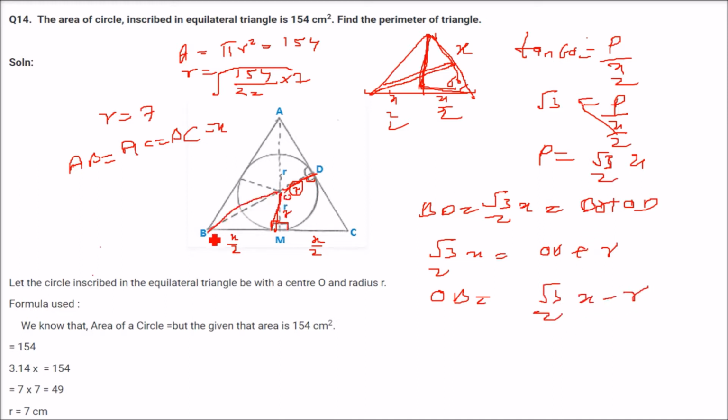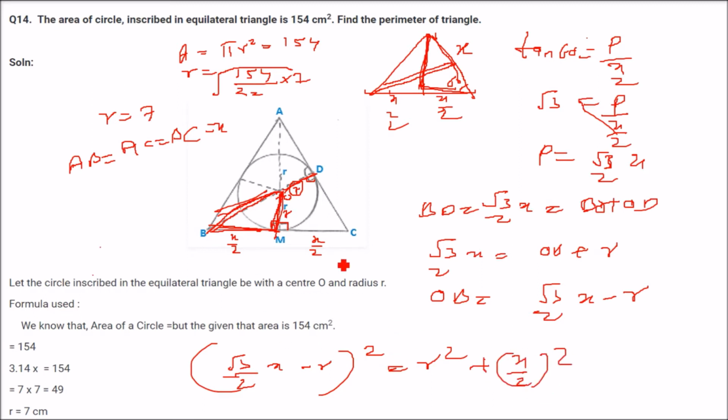Now we have got this, root 3 by 2x minus R. This we already know, R, and this is x by 2. If I take the side as x, this will be x by 2. So now I'm going to use the Pythagoras theorem. That is, root 3 by 2x minus R whole square, this is hypotenuse square, will be equal to this side R square, plus this side x by 2 whole square.